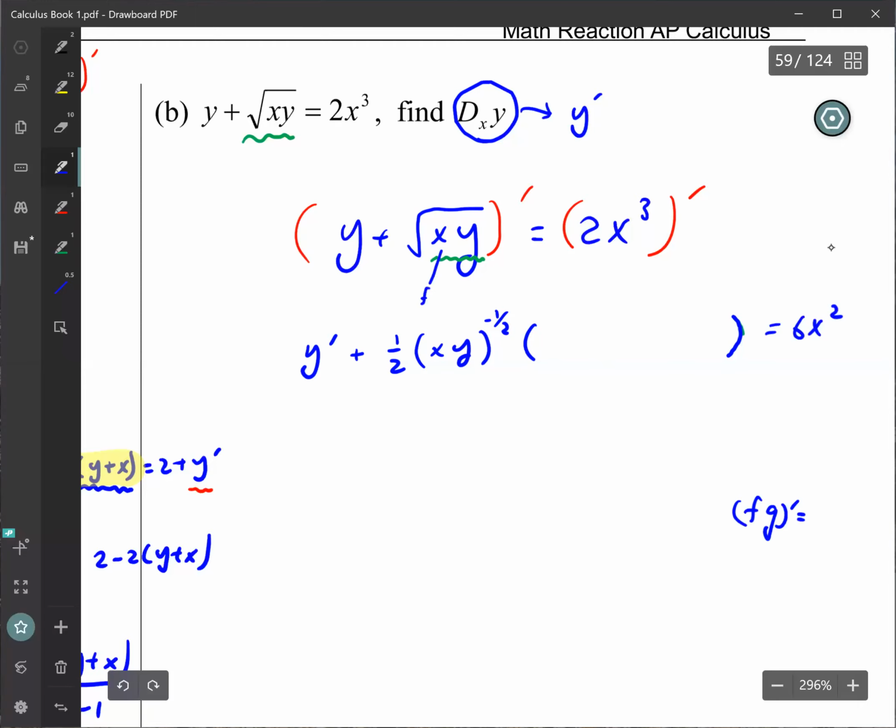I'm gonna write that down. This is the g. So f prime will be 1, times by y. Oh wait, okay. 1 times y plus x times y prime. Yes, there you go.